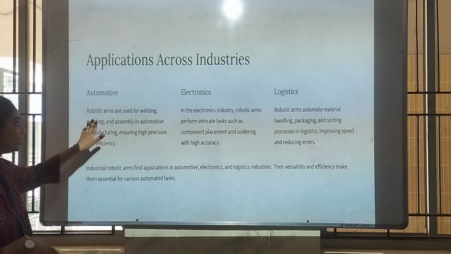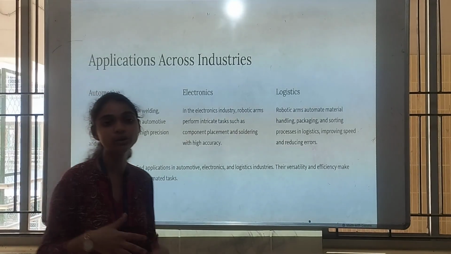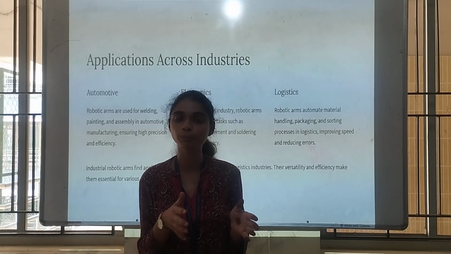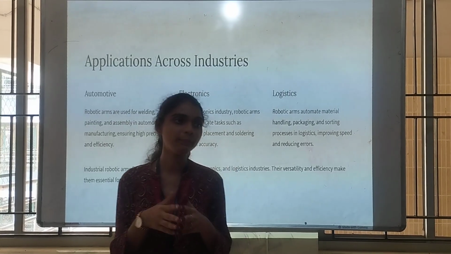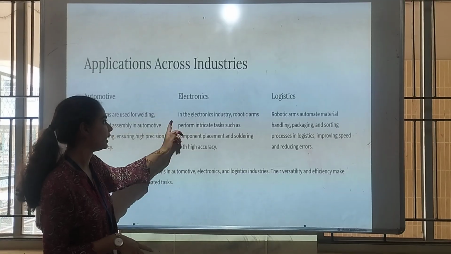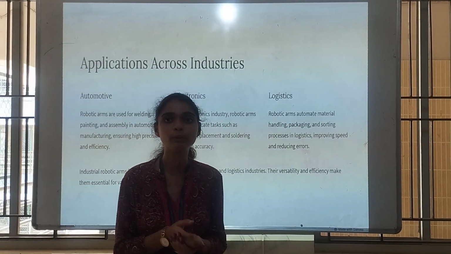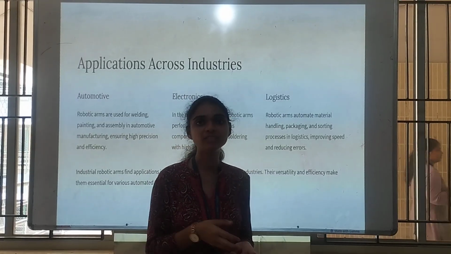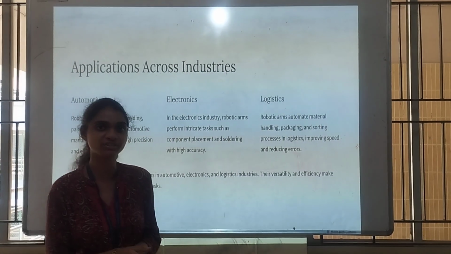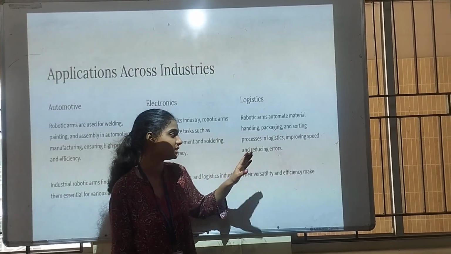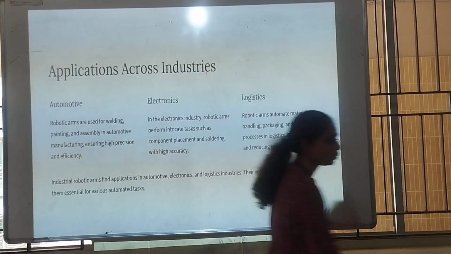For example, producing automation cars, producing a lot of parts of a car. It may be helpful in that way. In electronics, designing chips, it produces many chips in a day, which leads to cost efficiency. In logistics, handling and sorting packages, and improving speed also.